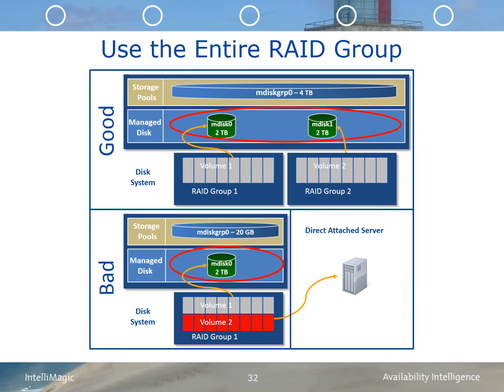In this slide, we want to look at the best practice of using the entire RAID group. So in the first example on the top, we have 2 RAID groups that feed 2 different MDisks, and those MDisks are part of an MDisk group. In both of those cases, the entire capacity of the RAID groups is used to provide storage to the MDisk. A bad practice would be to split that underlying RAID group up into 2 different volumes.